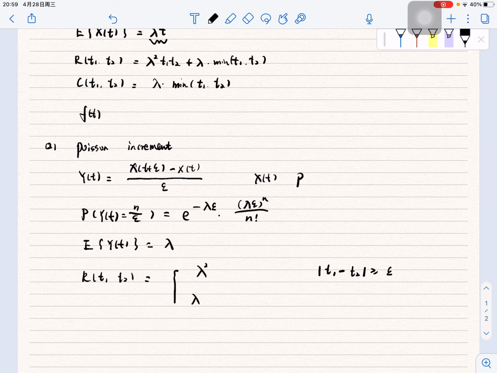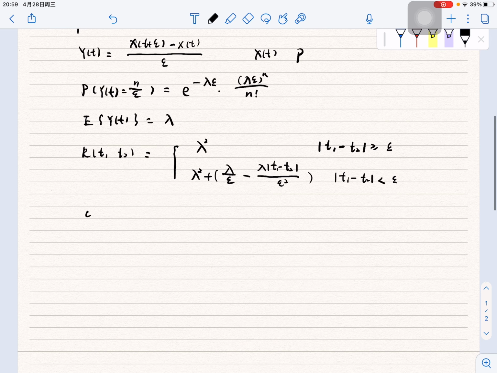The second solution is lambda squared plus lambda over epsilon, minus lambda times the absolute value of t1 minus t2, over epsilon squared. Here the absolute value of t1 minus t2 is less than epsilon.